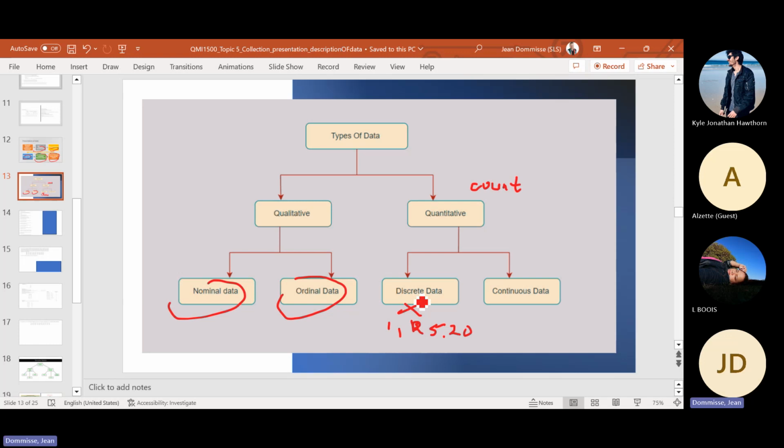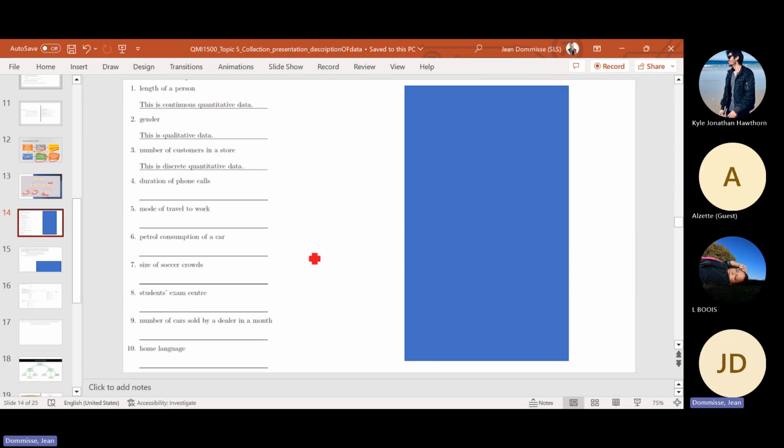And I think that is important for you guys as well. Where they might want to sometimes confuse you is by using something that you think is continuous, but it's actually discrete, and the other way around.